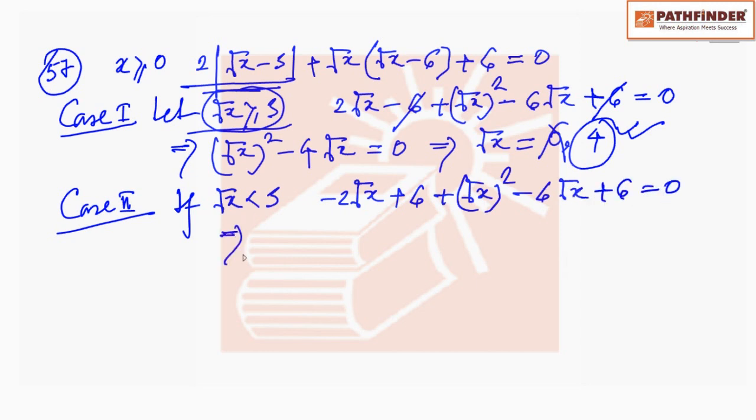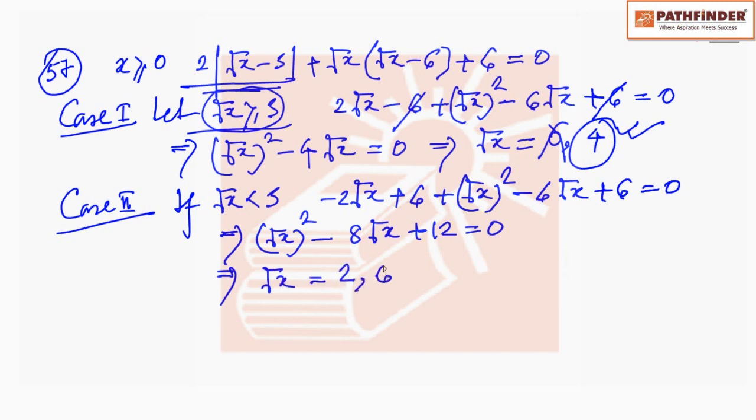So we are getting root x square minus 8 root x plus 12 equal to 0. So we are getting root x equal to either 2 or 6.